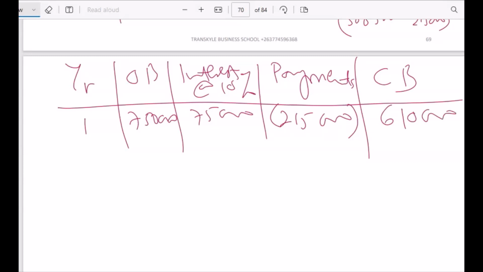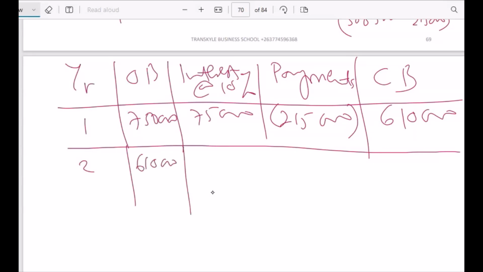But for us to determine the current and non-current liabilities, that's when we need to do the year two row. For year two, the closing balance becomes our opening balance, so 610,000. Then we multiply by the 10% interest. This gives us 61,000, and then we less 215,000.